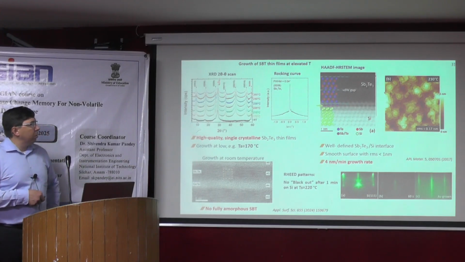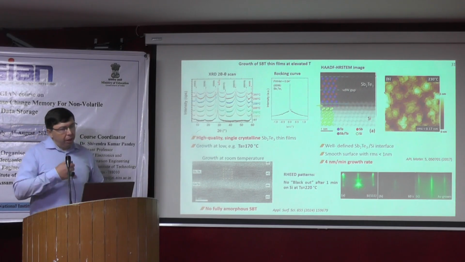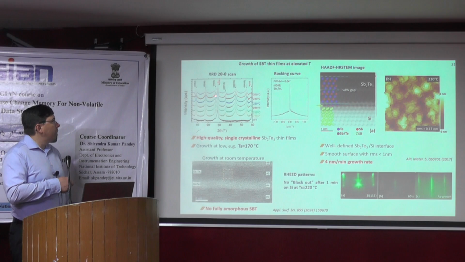This material, this BT, is also growing at relatively low temperature, starting at 170 centigrade here. This phase you can obtain with very high quality. Here you see some Laue oscillations.